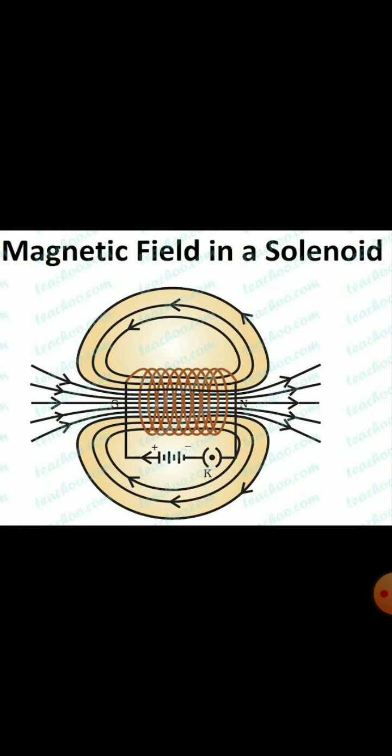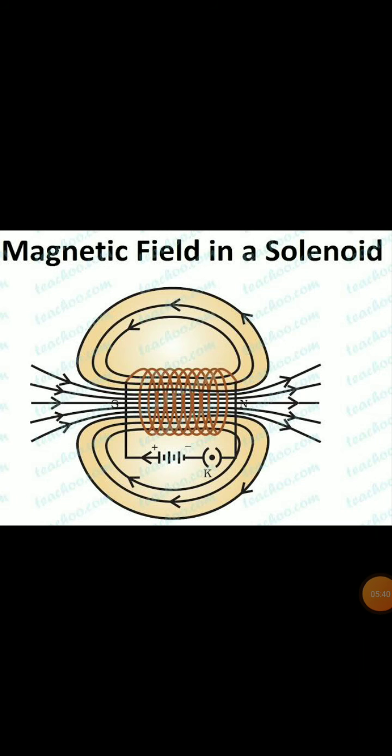Please remember this. That is why we can say that the magnetic field is uniform inside the solenoid. Uniform means what? Same, right? So inside the solenoid, magnetic field is same, which means it is uniform.